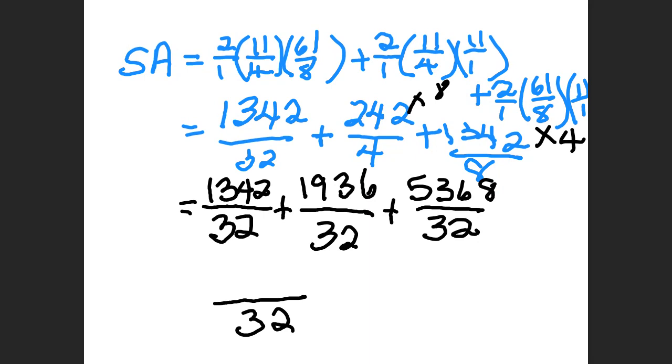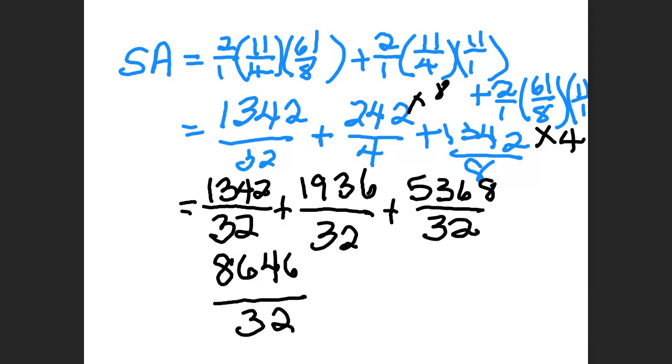That means I'm taking 1,342, I'm adding 1,936, and I'm adding 5,368. I get a numerator of 8,646. Now, I want a decimal to 2 places.